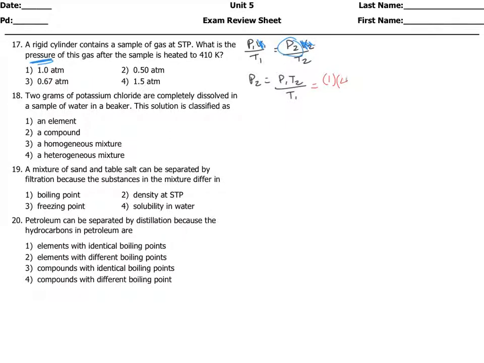T2 was stated as 410 Kelvin, and temperature 1 is standard temperature. In Kelvin, that's 273. After a quick calculation, you'll find that the second pressure is going to be just about 1.5 atmospheres. So choice 4 is my answer.